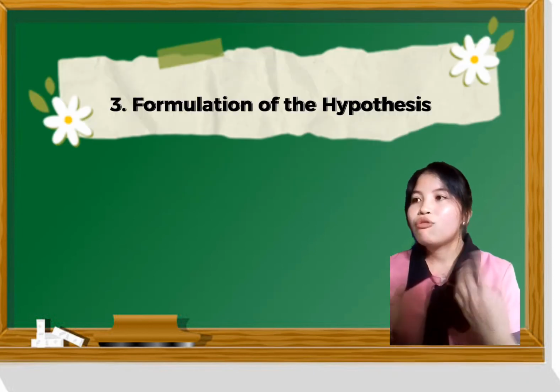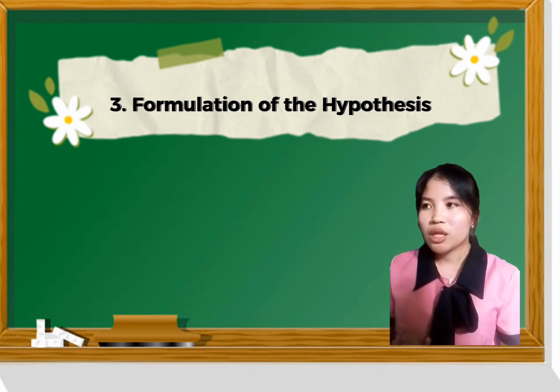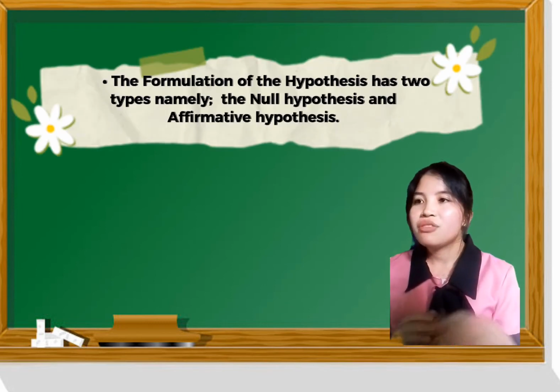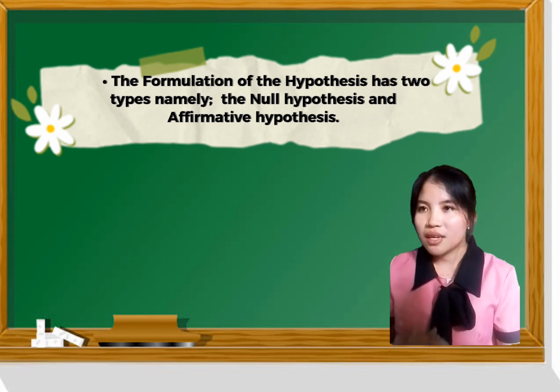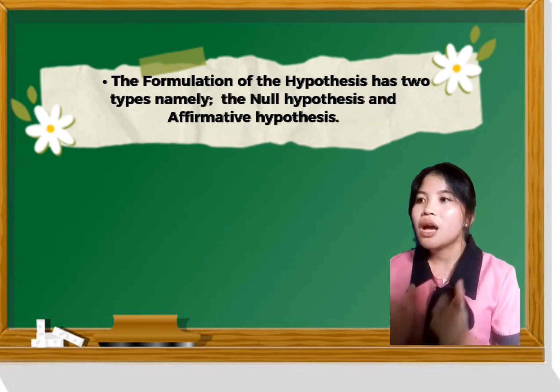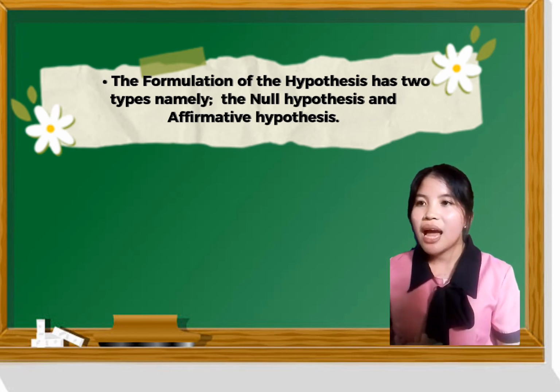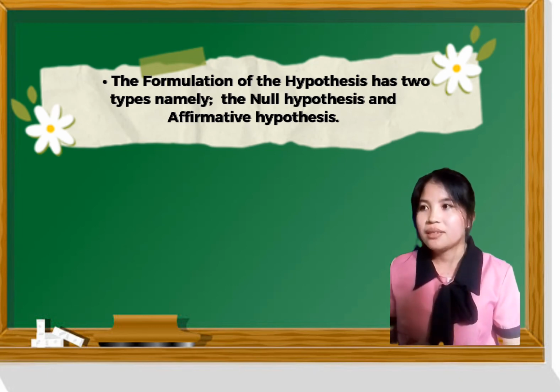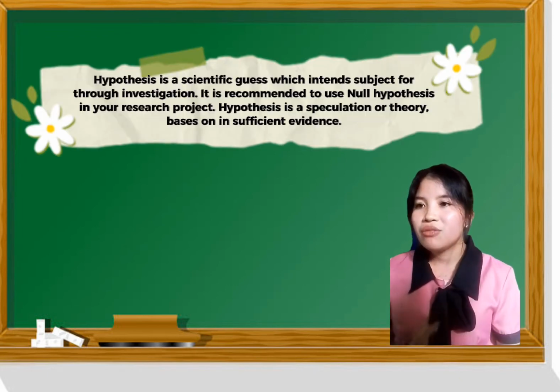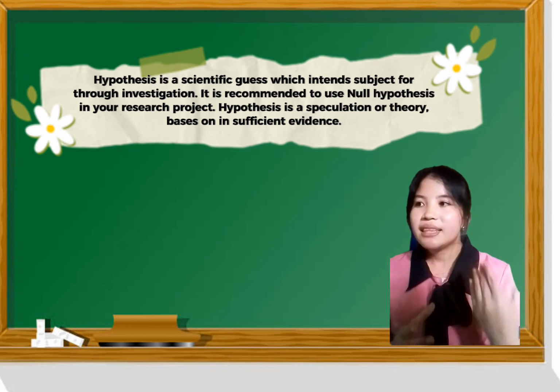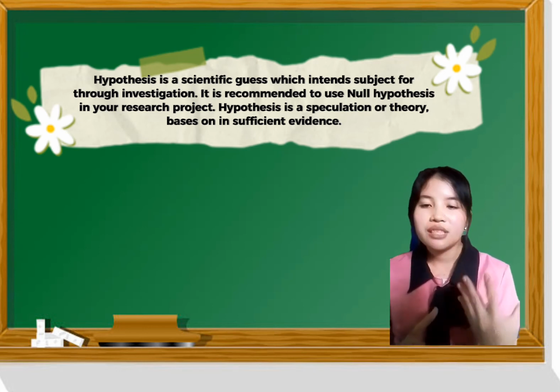Third one is the formulation of hypotheses. The formulation of the hypothesis has two types, namely the null hypothesis and the affirmative hypothesis. A hypothesis is a specific guess which is subjected to thorough investigation.